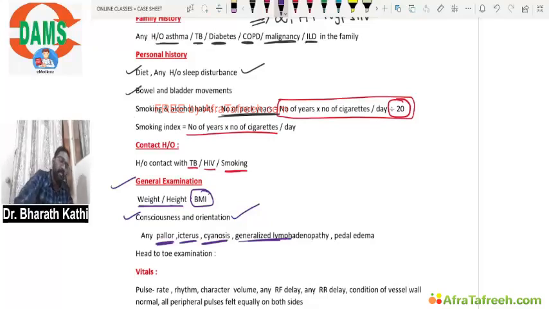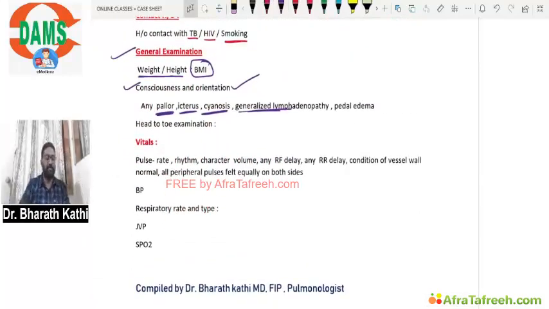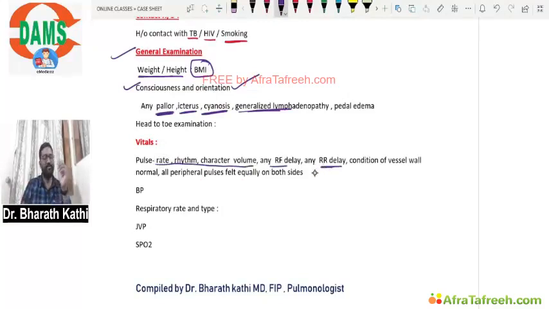Then vitals. What is the pulse rate? Pulse you have to describe in rate, rhythm, character, volume, any radiofemoral or radio-radial delay, just like the routine pulse that you check. Condition of the vessel wall: is it normal or thickened?